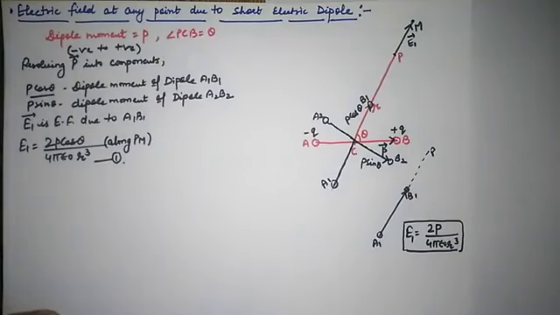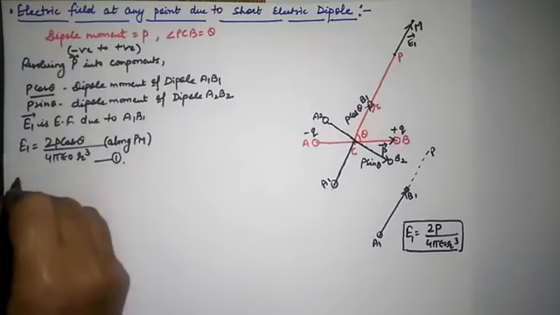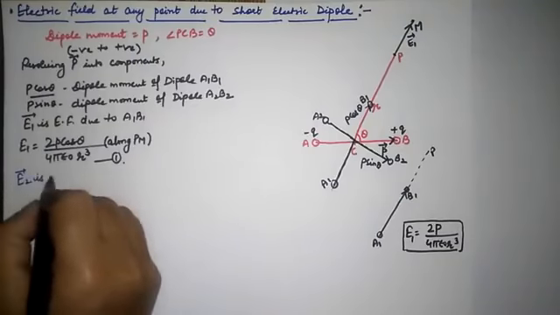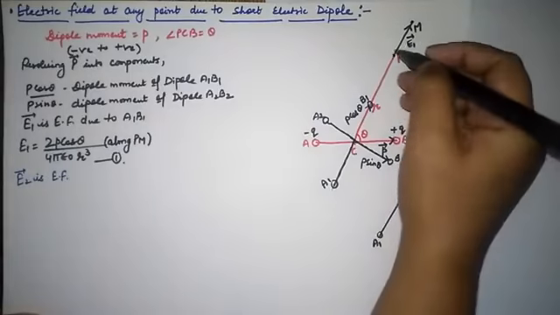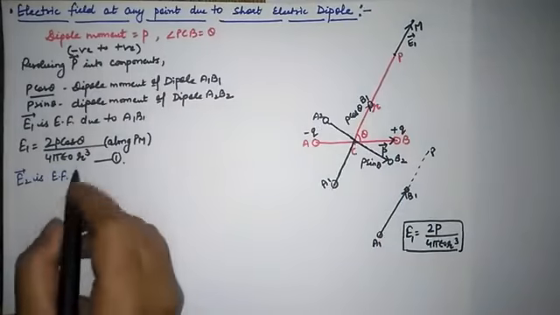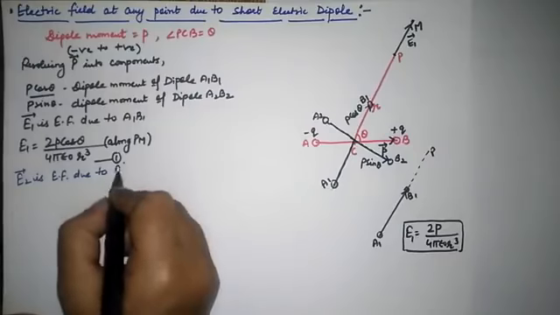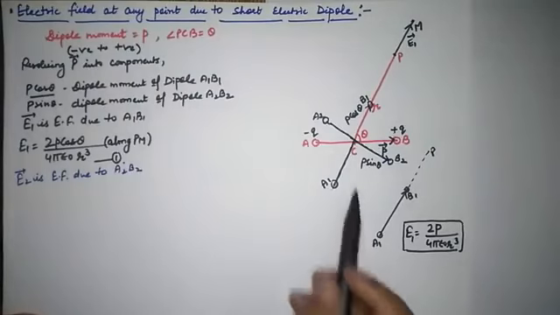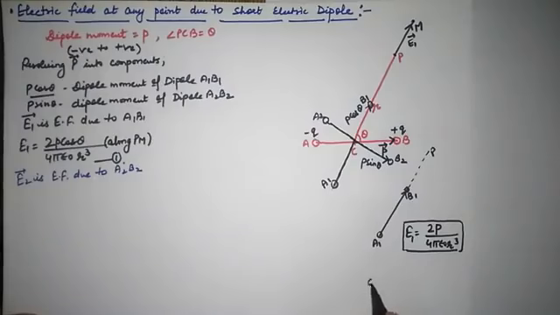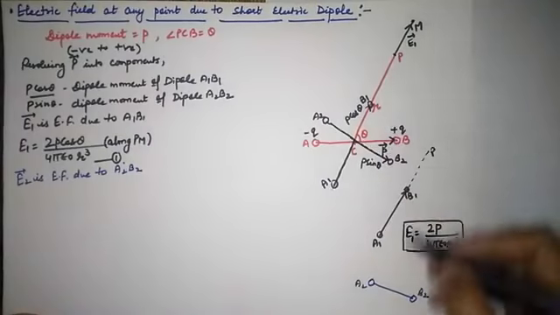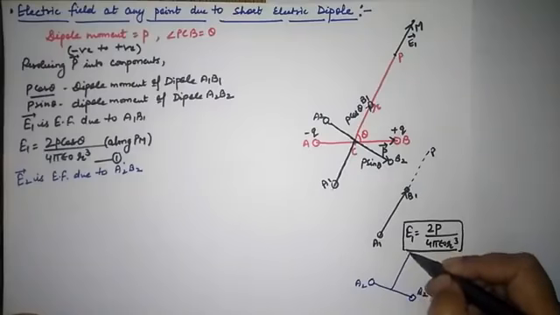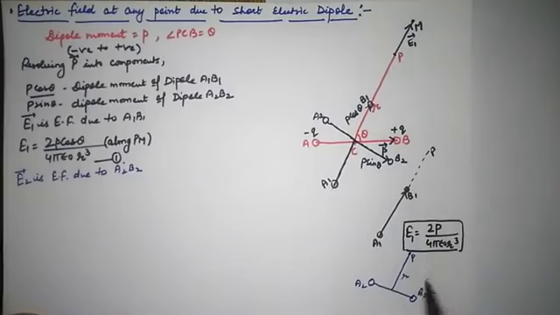Now suppose E2 is the electric field at P due to A2 B2. If we draw A2 B2 here, this point is A2 and here we have B2, and if we draw this line, here is point P. Then we see this point P lies on the equatorial line of this dipole because it is perpendicular.